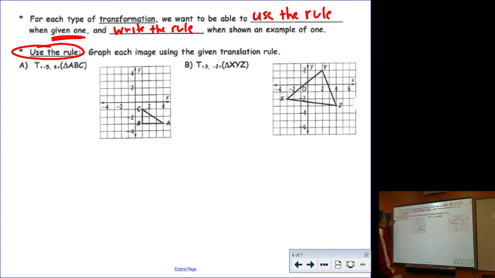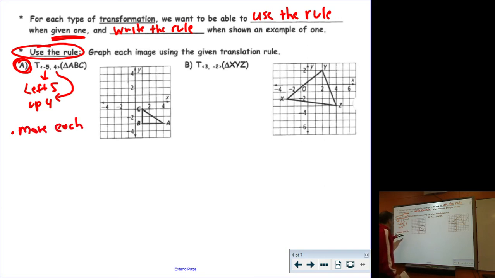Here in example A, I have given you a translation rule. Do you know what it means? Well, hopefully you know that this vector is telling you, go left 5 and go up 4. So to use the rule, I would take the triangle that's in the diagram and I would move each vertex, right?